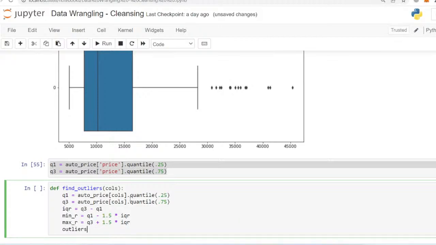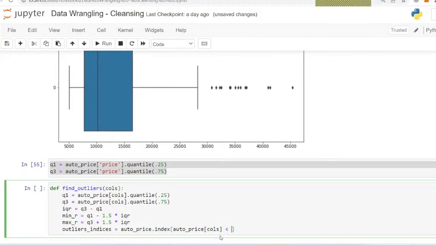Then we get my outlier indices, which will be equal to auto_price dot index. In this case, we take auto_price and place my columns.